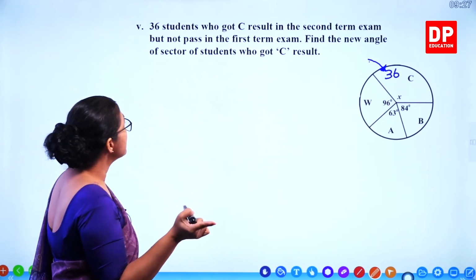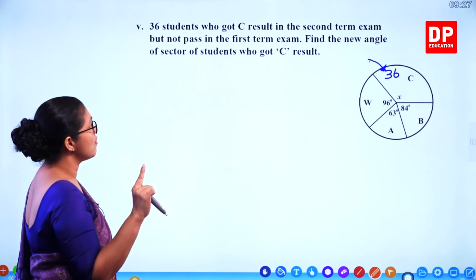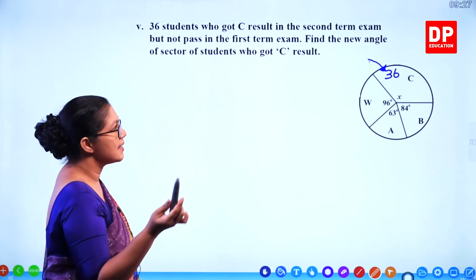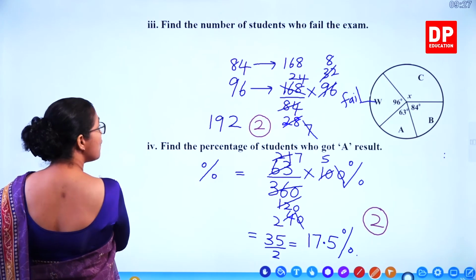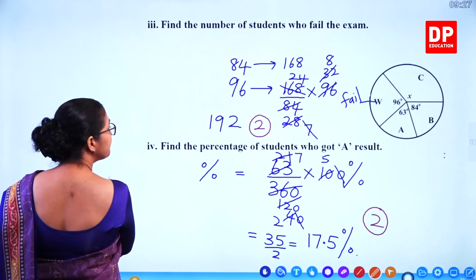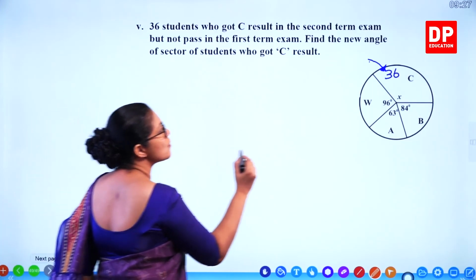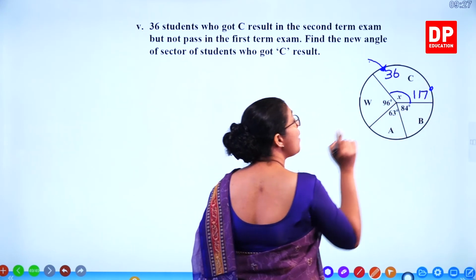So they failed the previous exam. Find the new angle of the sector of students who got C results. Now we found from the first part, what's the x value? 117. So this is 117.